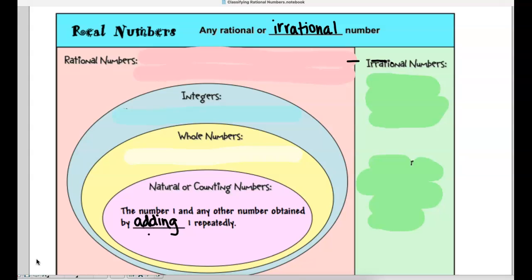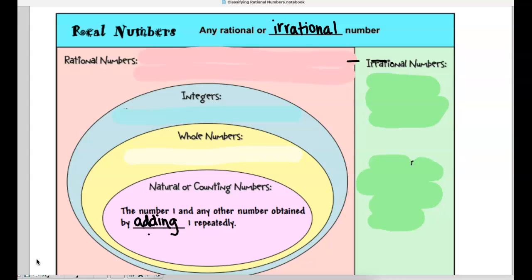Okay, so when you were little, like 3 years old, you started talking and you started learning how to count. What'd you do? Think of a 3-year-old learning how to count. How do they count?